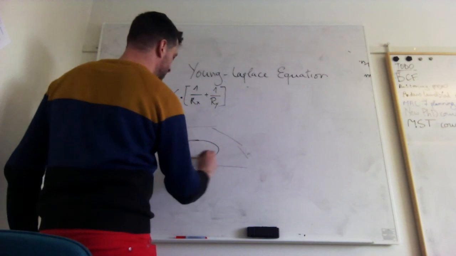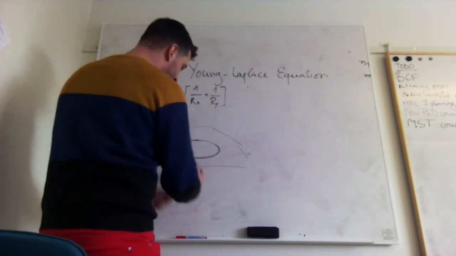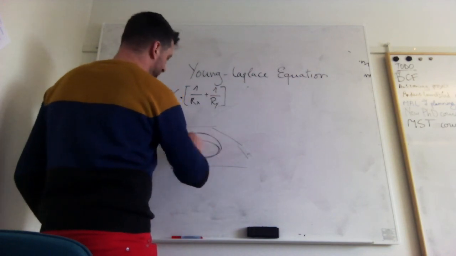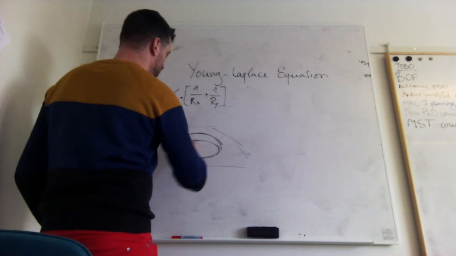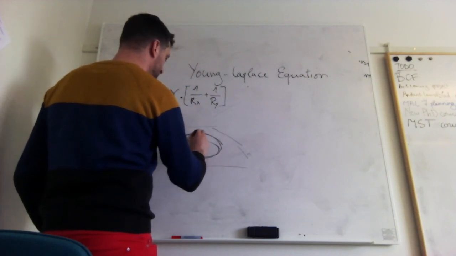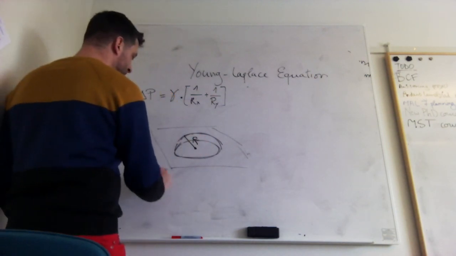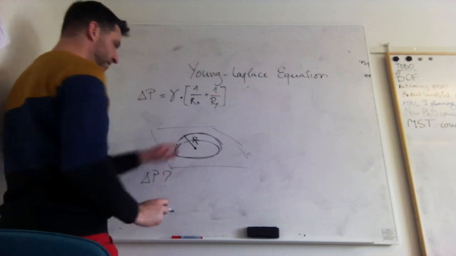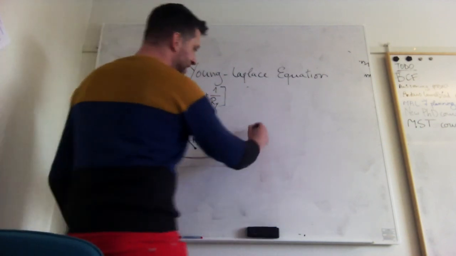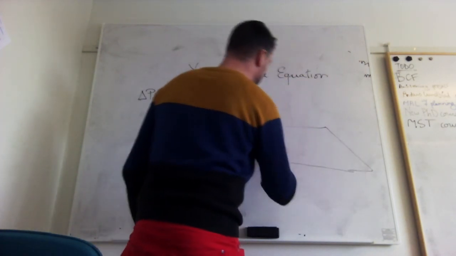This is a circle in perspective, and I put a soap film in here, and I put a pressure from below, and I'm going to blow up a bubble surface that looks like this, with a radius r. What is the pressure drop over this interface?